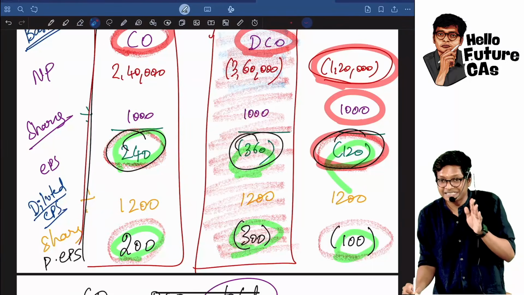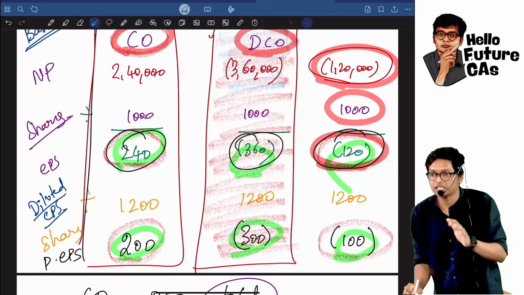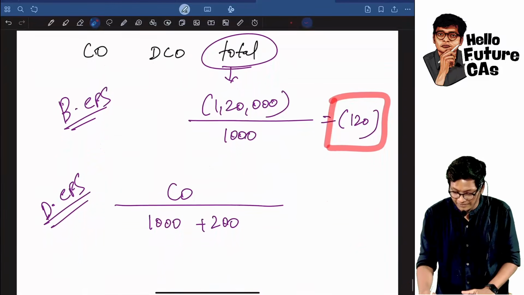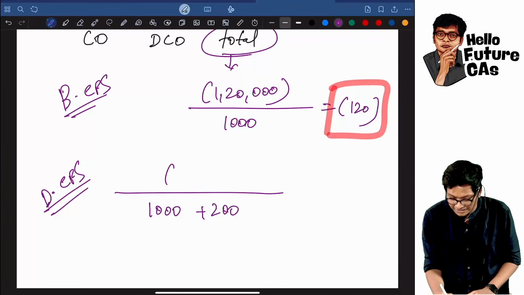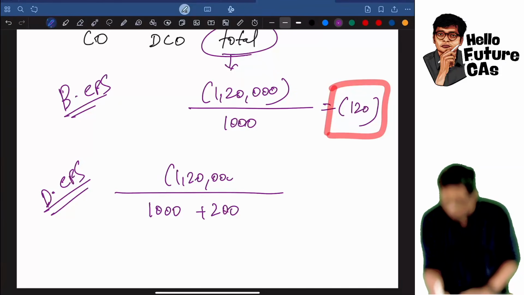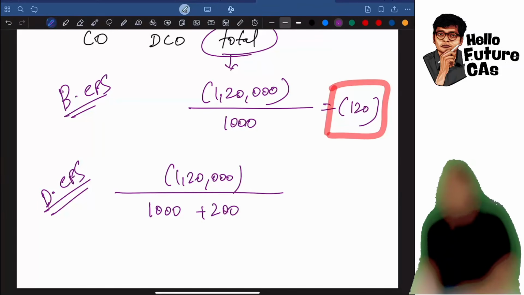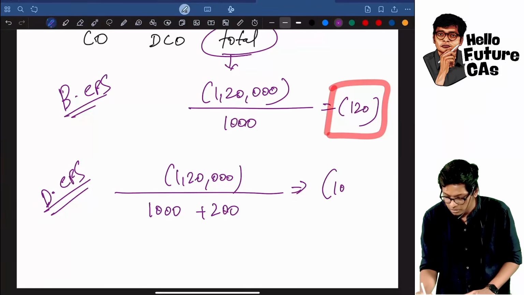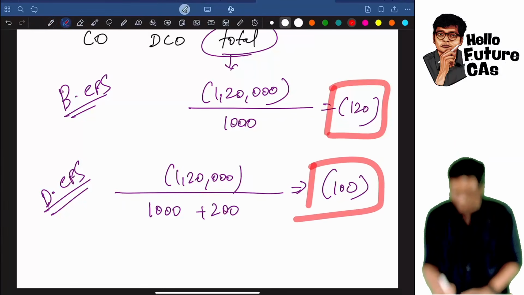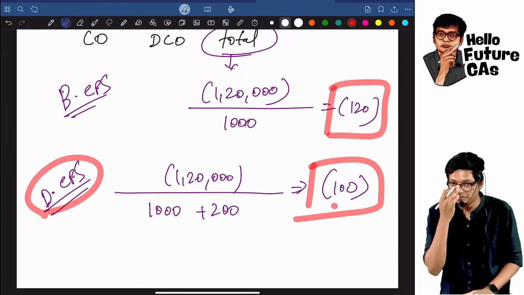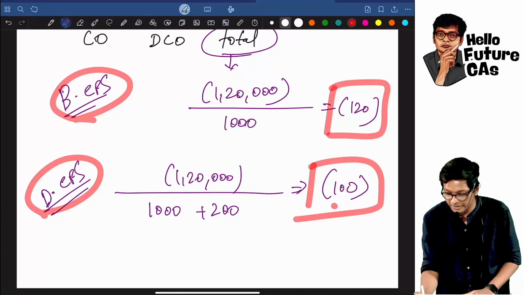Therefore, it is dilutive in nature. So I will add 1200, but in the numerator I will still keep 1,20,000 divided by 1200. How much are you getting? Negative 100, and this is the final answer. Diluted EPS will be negative 100. Basic EPS will be negative 120.